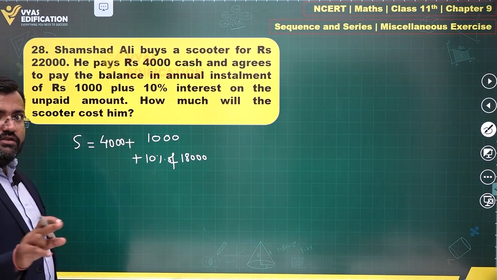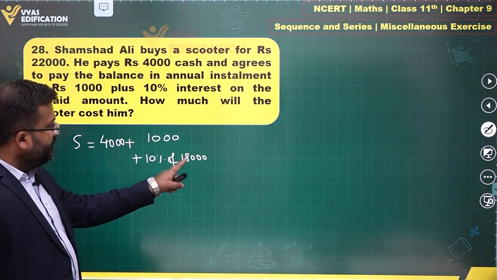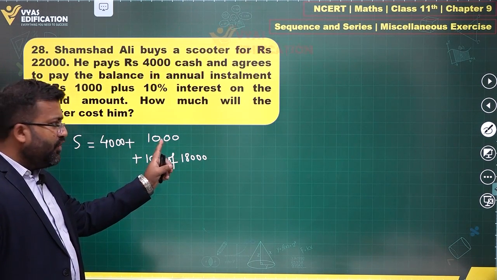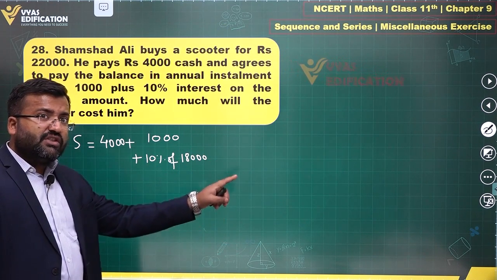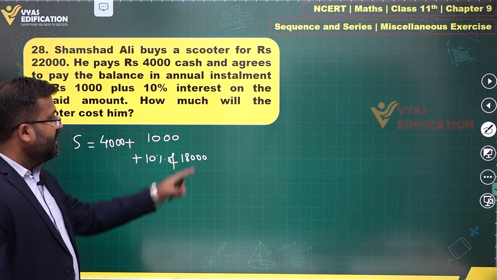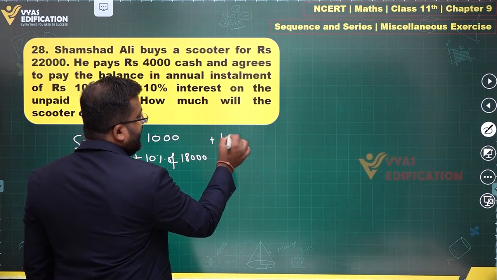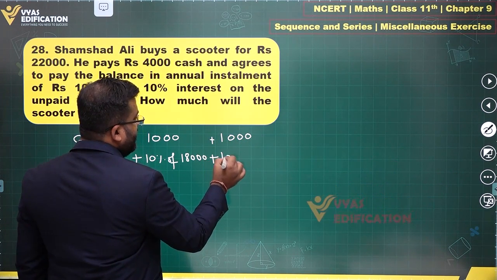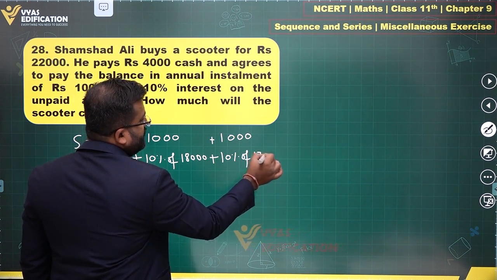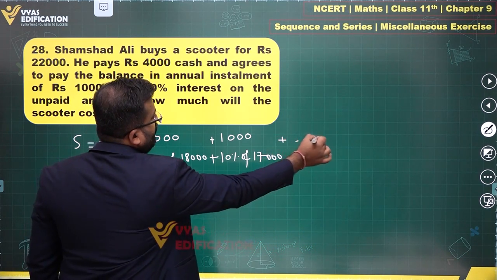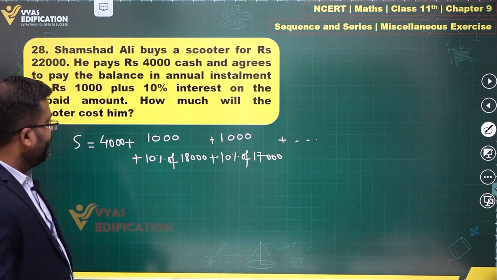Right? So in the next year, he has already paid 1,000 more. So the remaining unpaid amount is 17,000. Interest will be charged on 17,000, and he pays 1,000 plus the interest, 10% of 17,000, and so on and so forth. Right? This is what you have.